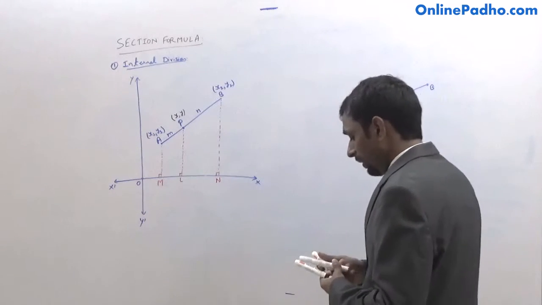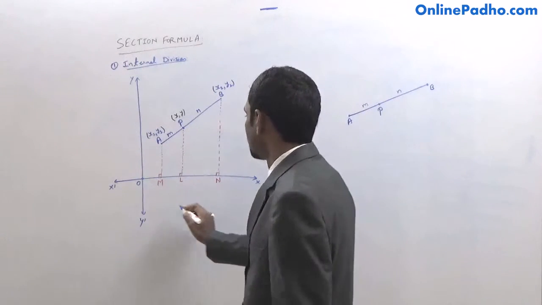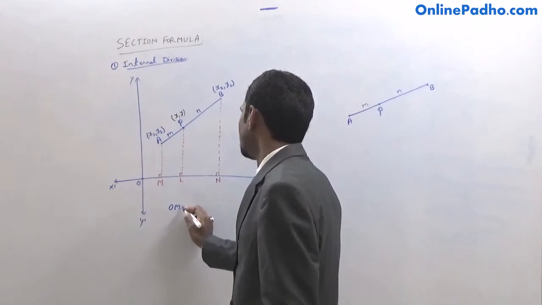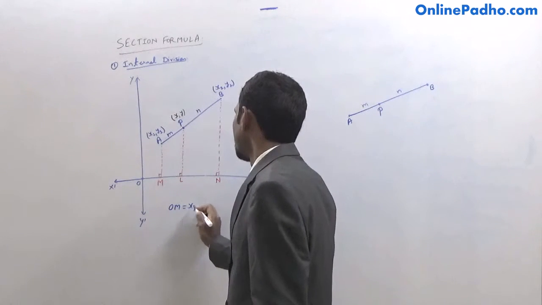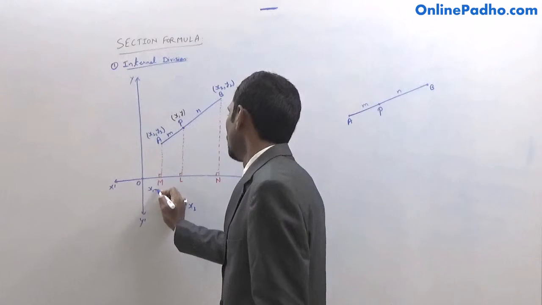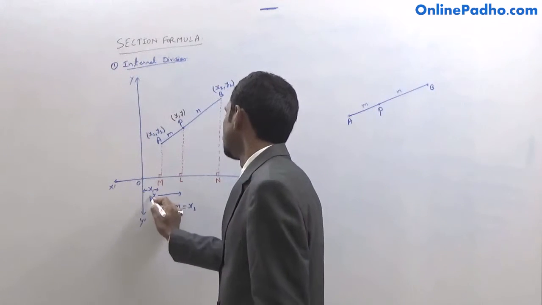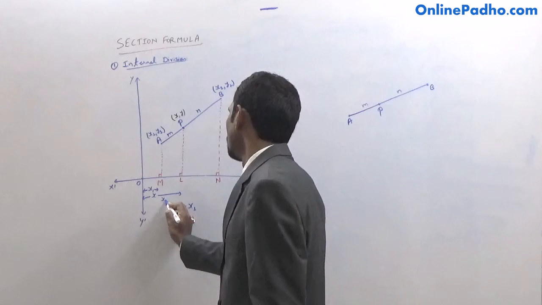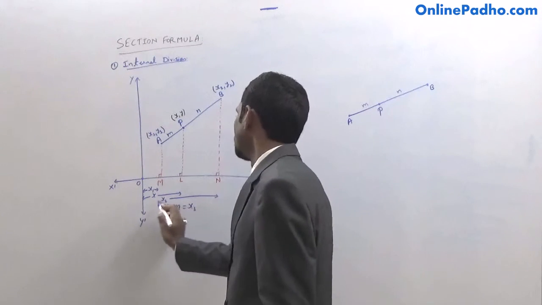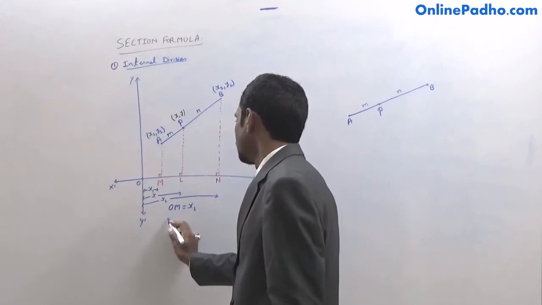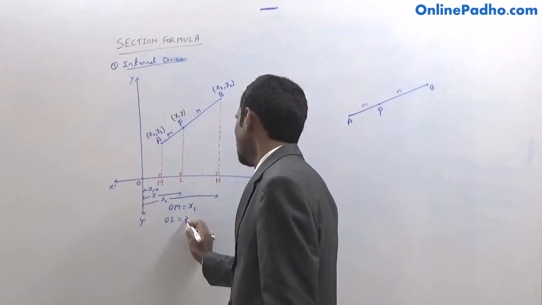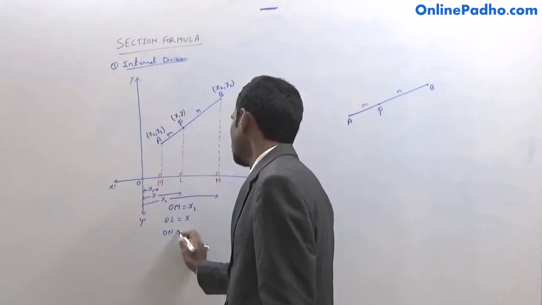By drawing these perpendiculars, we can find some lengths. We can say OM is x1, OL is x, and ON is x2, right?